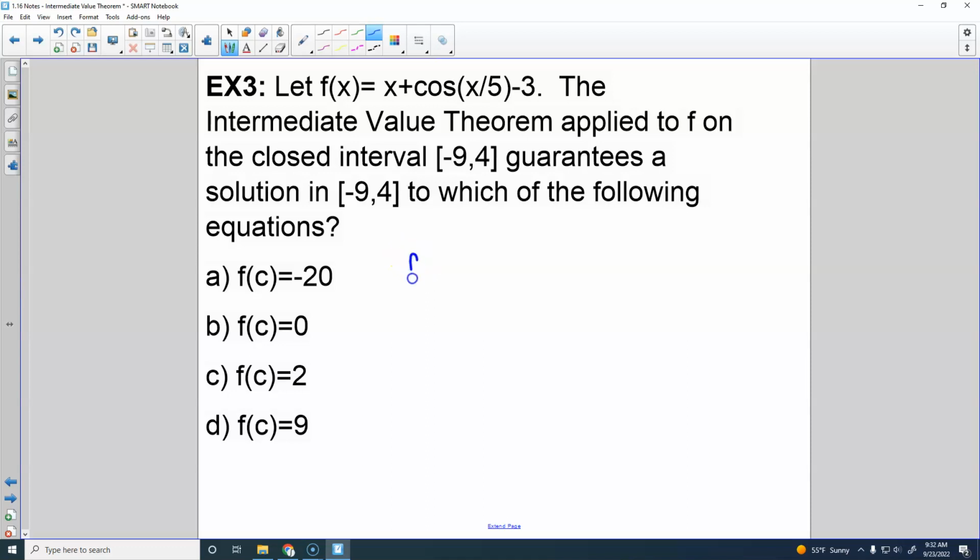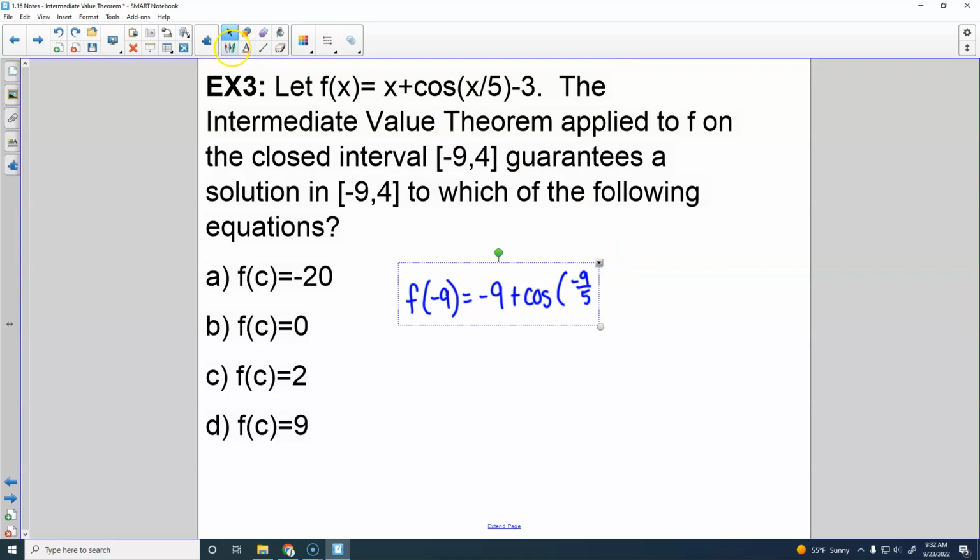You can kind of do this, maybe. So if we're doing f of -9, we'll get -9 plus cosine of -9 fifths minus 3. Obviously without a calculator, you can't figure out what that is.